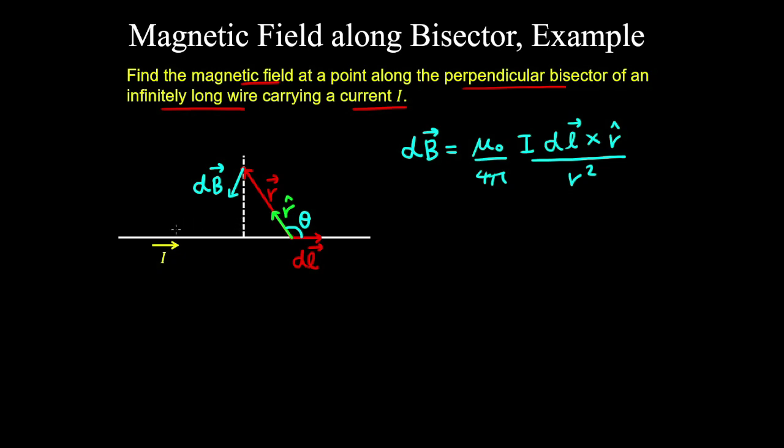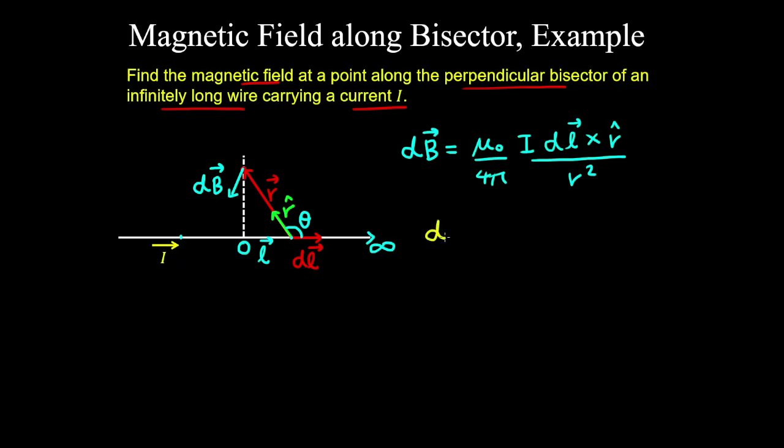So this problem is symmetric because if you did the same thing on this side of the wire, you're going to get a differential magnetic field vector with the same magnitude pointing out of the plane. So I'll leave that part for you as an exercise. So if we denote L being the length vector from the perpendicular bisector to this element, we're going to integrate from 0 to the infinite length of the wire due to the symmetry of the problem.